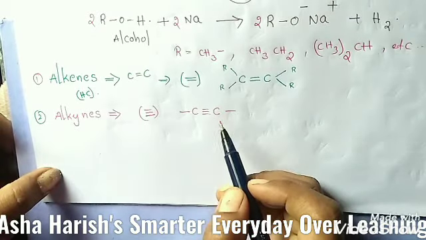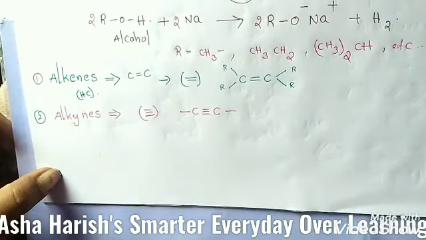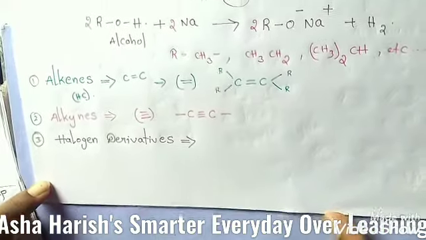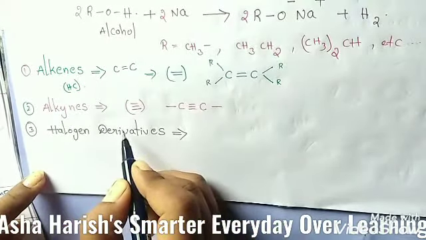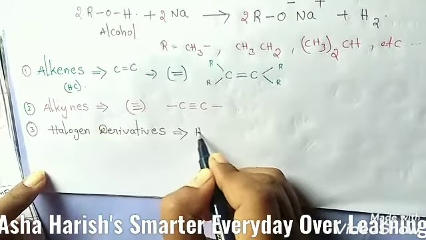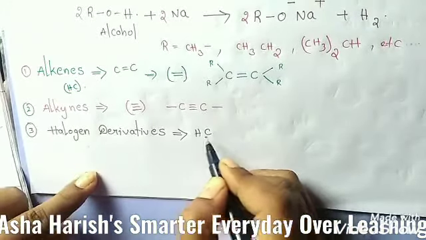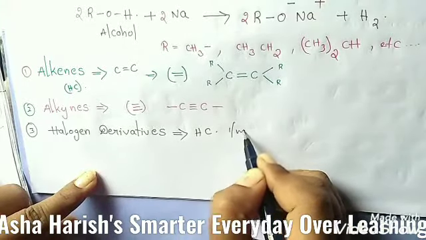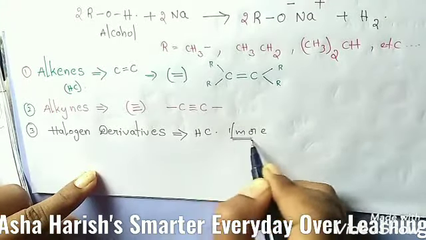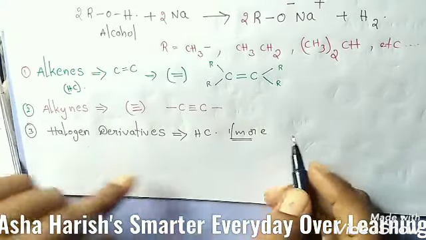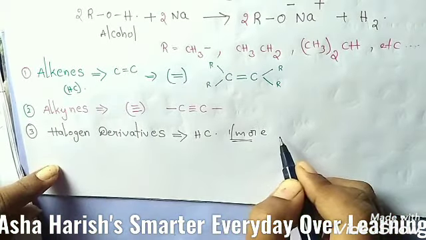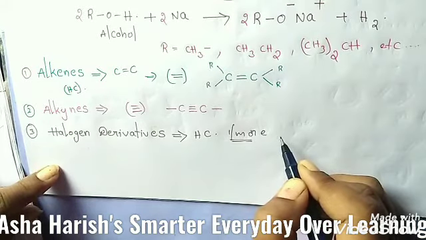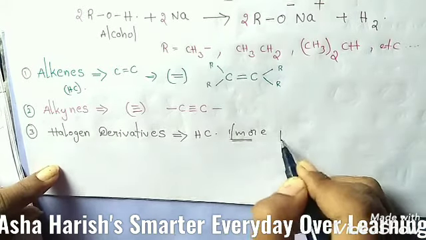Right. And number 3 is halogen derivatives. These halogen derivatives are compounds derived from hydrocarbons by replacement of one or more hydrogen atoms by a halogen. Halogens, you know very well, are fluorine, chlorine, bromine, iodine, right?